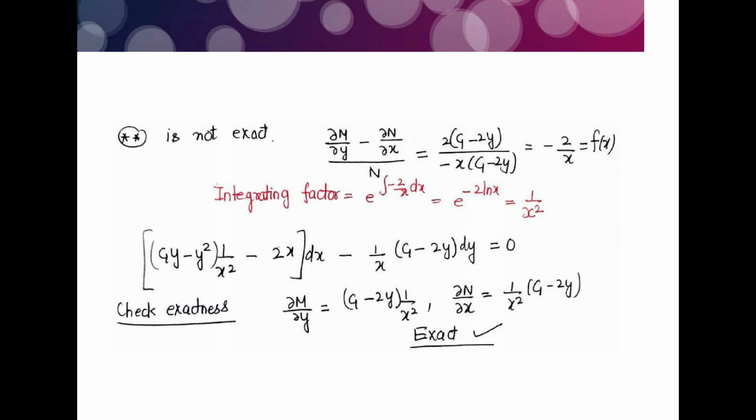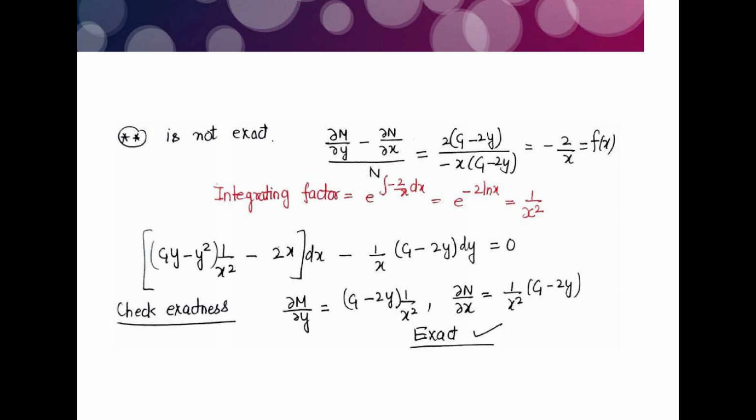Now to find out the integrating factor, take the ratio: derivative of M with respect to y minus derivative of N with respect to x, divided by N. And if we simplify this ratio, we are getting minus 2 upon x. This is function of only x. So yes, the integrating factor is e raised to power minus 2 upon x dx, and on simplification it is 1 upon x square.